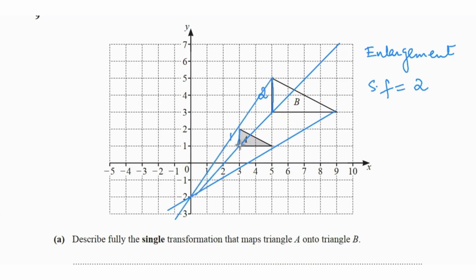Now, as you can see, the lines connecting all of these corresponding points are passing through the same point, which is 0, 2. So our center of enlargement is 0, 2. That's how you calculate the center of enlargement.